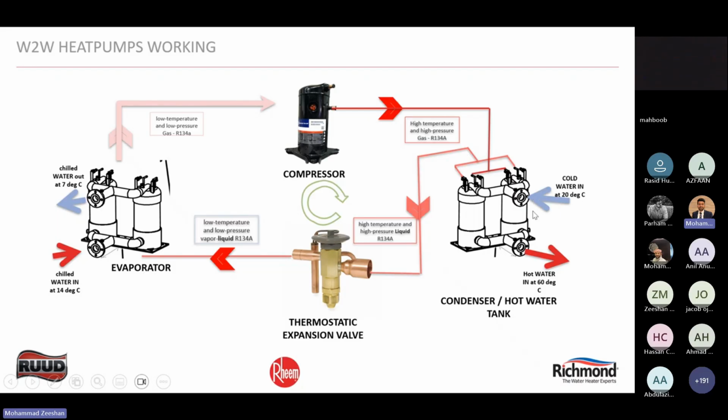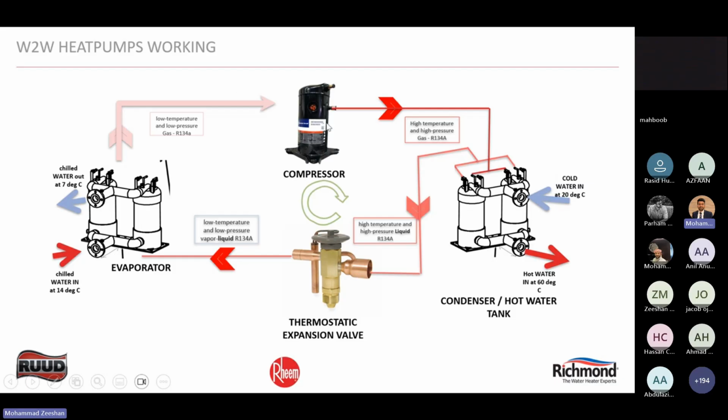The only difference is that the chilled water entering the heat exchanger transfers heat to the refrigerant, and therefore it cools down. So chilled water in is at a higher temperature and chilled water out is at a lower temperature, because it gives that energy to the refrigerant.